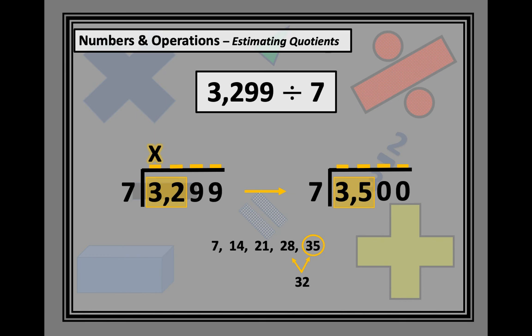We're rounding it to a 4-digit number that's close to 3,000, but we're rounding to a compatible number. Now I've got an easy problem that I can do in my head. 35 divided by 7 is 5. I know I need to hold place value in my tens and in my ones. So my answer to my original problem, 3,299 divided by 7, should be close to 500.